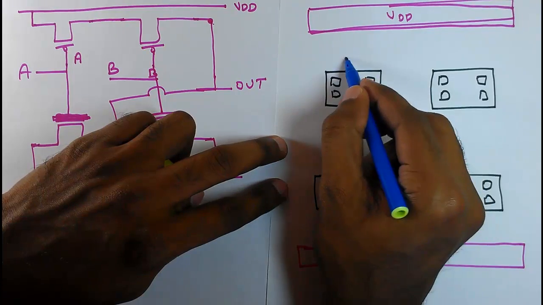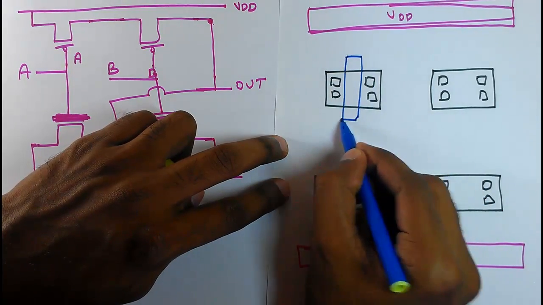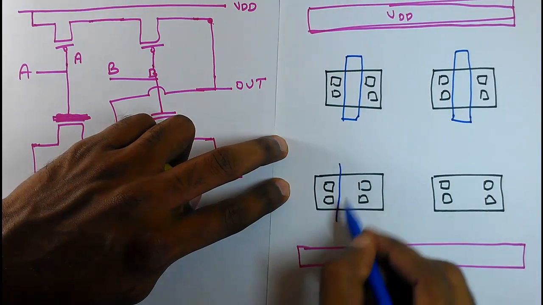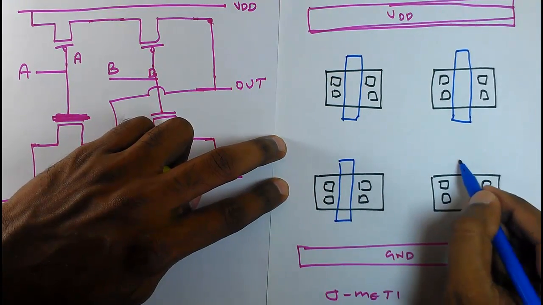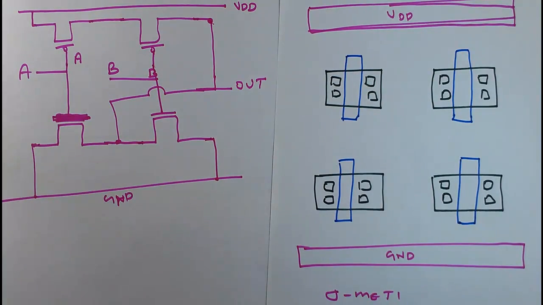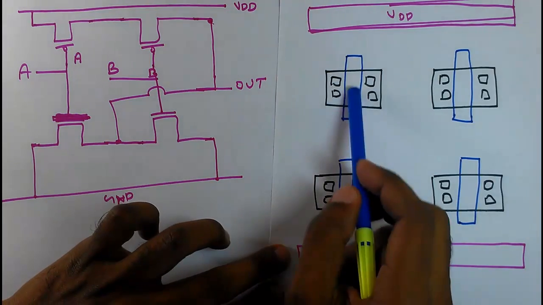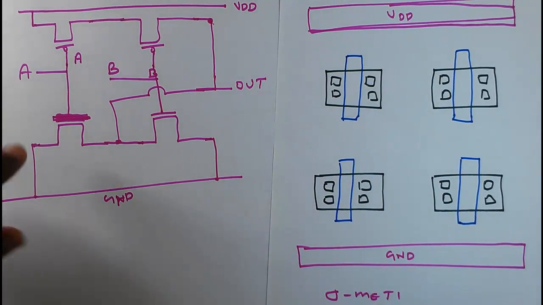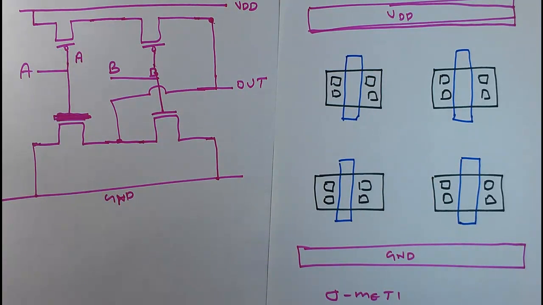Now I am drawing the gate with polysilicon. So this is how it looks if we just put 4 MOSFETs here. These two are PMOSes and these two are the NMOSes. So now we have all these 4 MOSFETs and we need to connect them together.